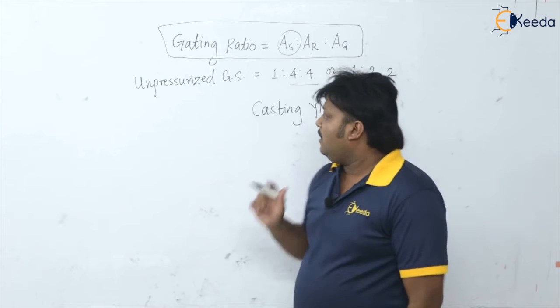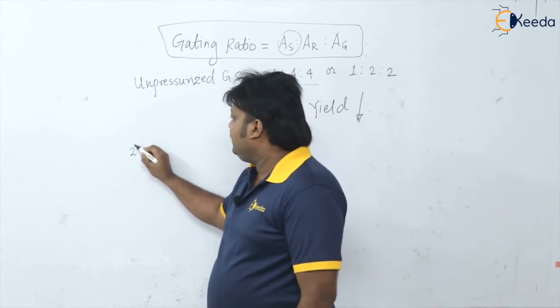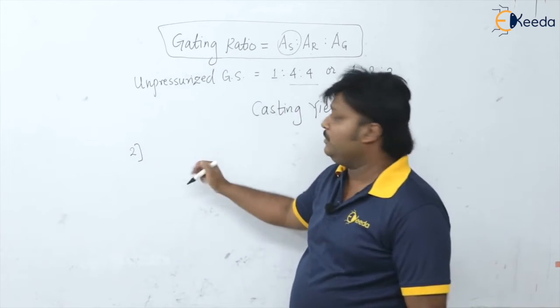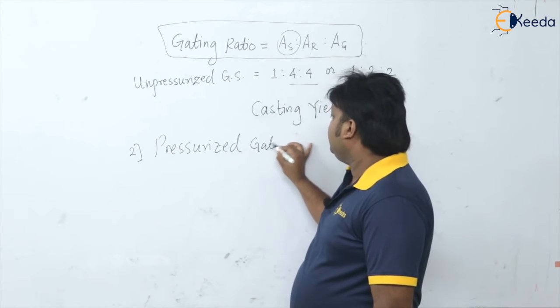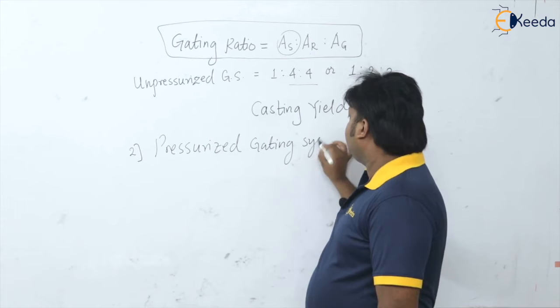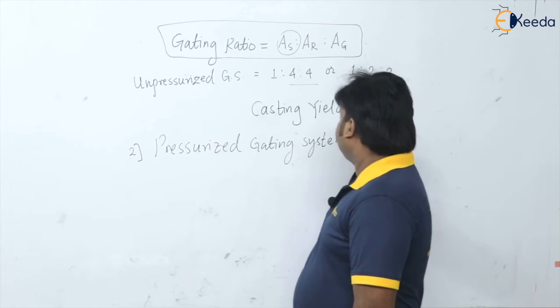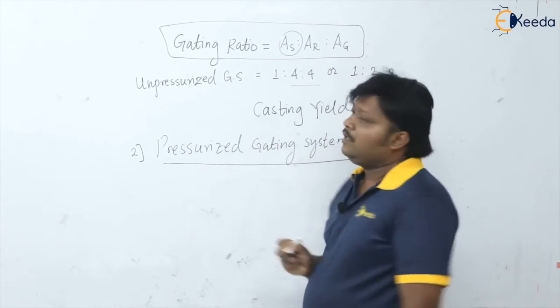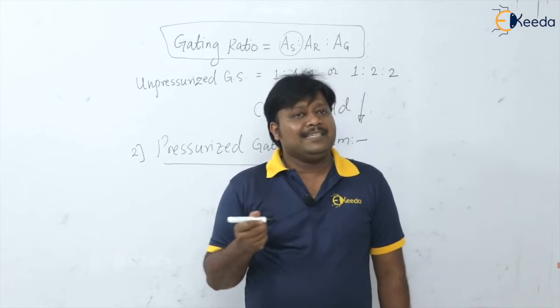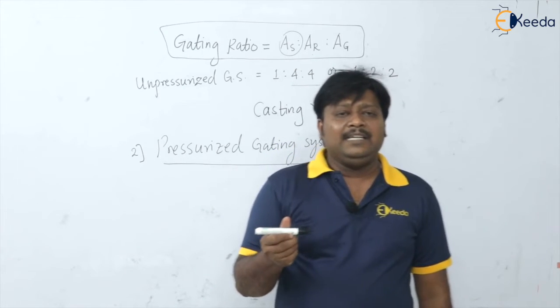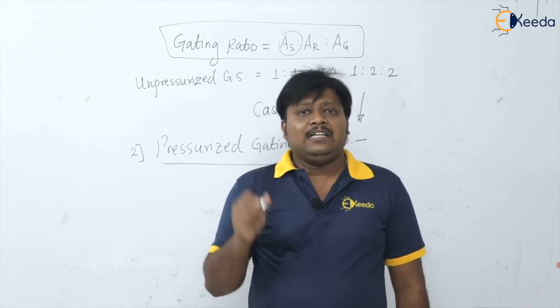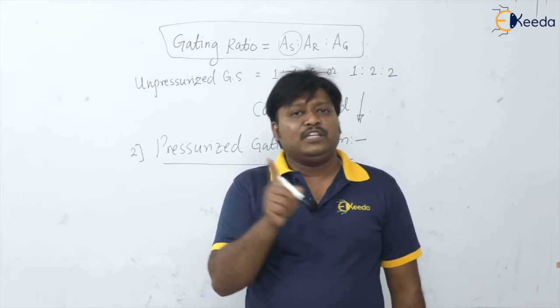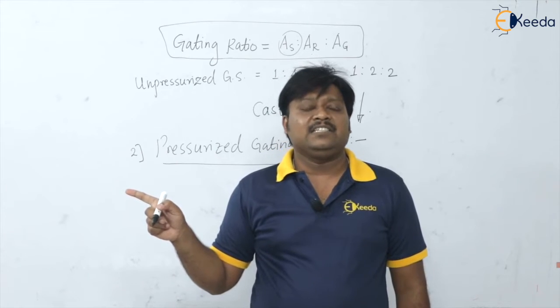Understood? Now the next classification based upon the gating ratio, we have the pressurized gating system. In the pressurized gating system, normally the ingate area is the smallest area, thus maintaining the back pressure throughout the gating system.